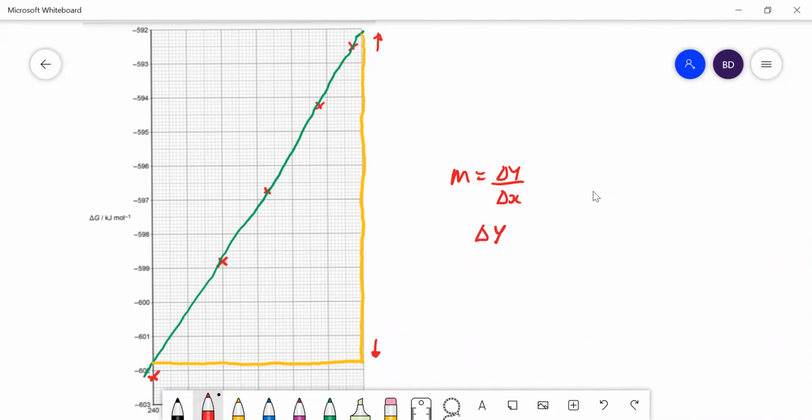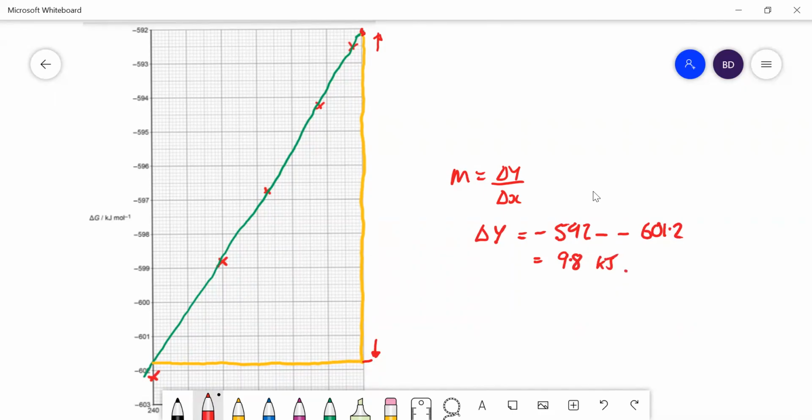So we can see we've got minus 592 up here, and then there minus 601.8, and that gives us a delta G change of 9.8 kilojoules.